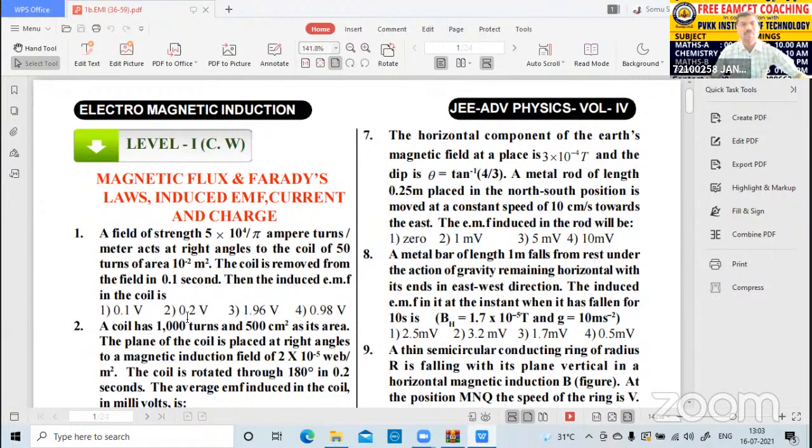The coil is removed from the field in 0.1 second. Then the induced EMF in the coil is: first option 0.1, second option 0.2 volts, third option 1.96 volts, fourth option 0.98 volts.